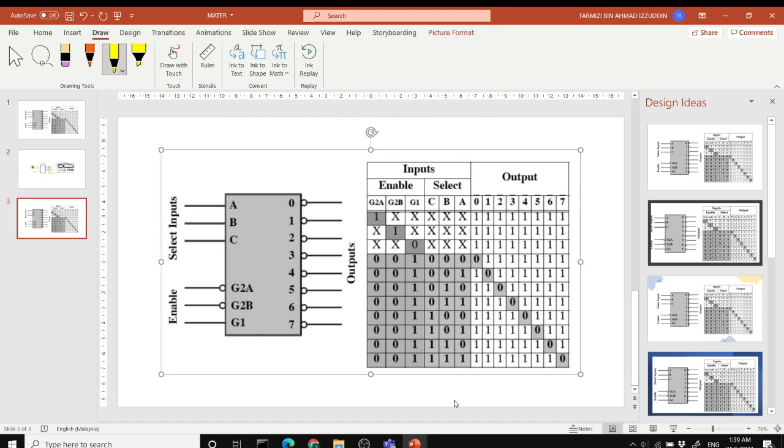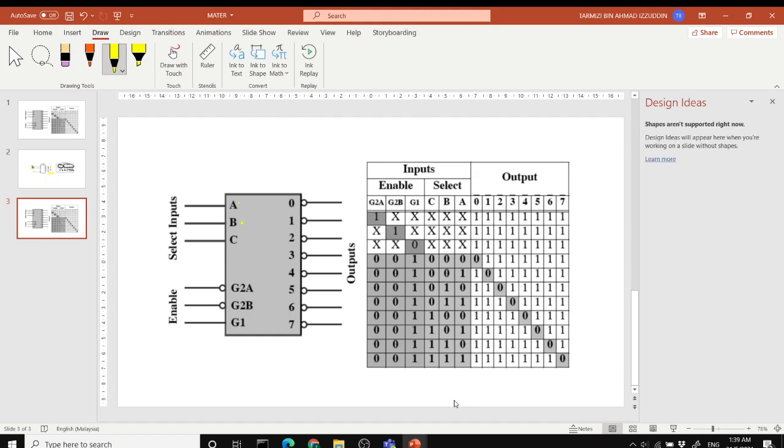Depending on the states you are connecting your device to, in this case the inputs are A, B and C. I'll just give an example. If all are 0, 0, 0, that means only Y0 will be low, and the rest will be high.